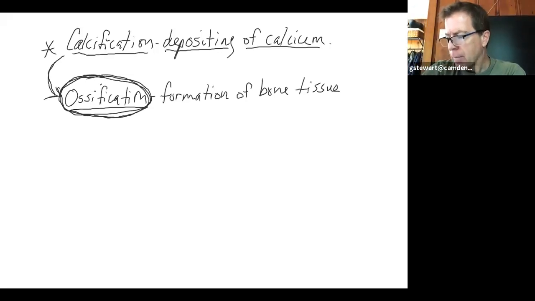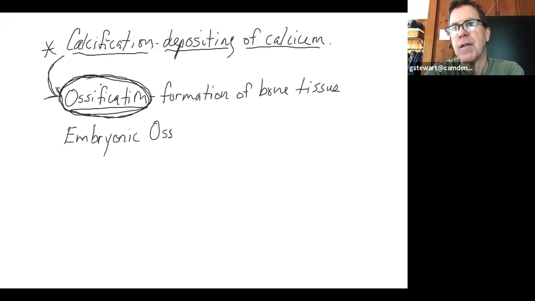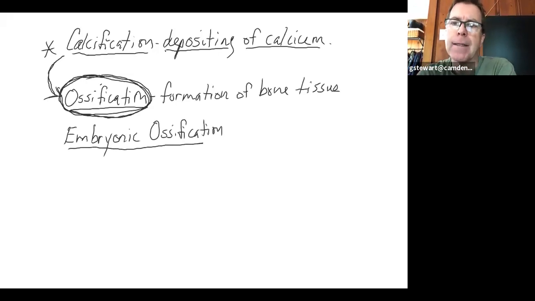Now, the next major topic in your book is embryonic ossification. What this topic refers to is how our skeleton is formed when we are still in utero, when we're still developing in the uterus as an embryo.